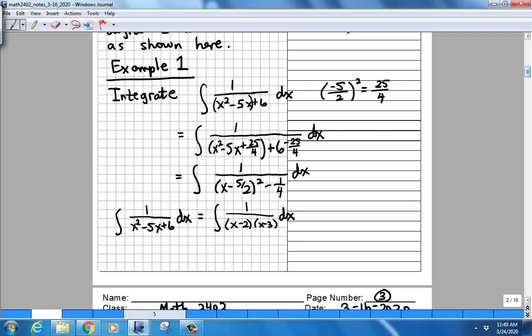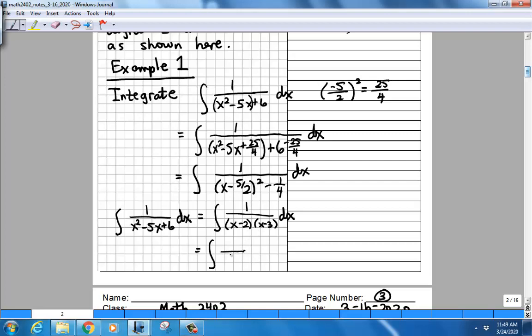Now, the reason that the denominator factoring is going to help me is, here's what I'm going to try to do. I'm going to try to rewrite this integrand as the sum of two fractions. So now it's just one fraction, but I'm going to try to rewrite it as the sum of two fractions.